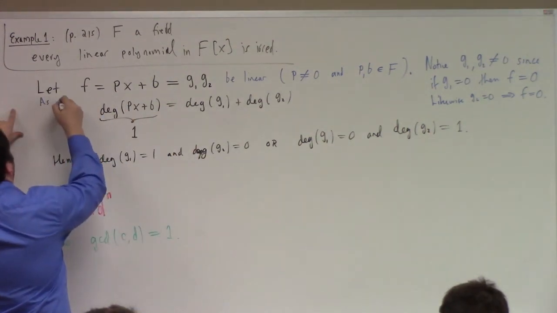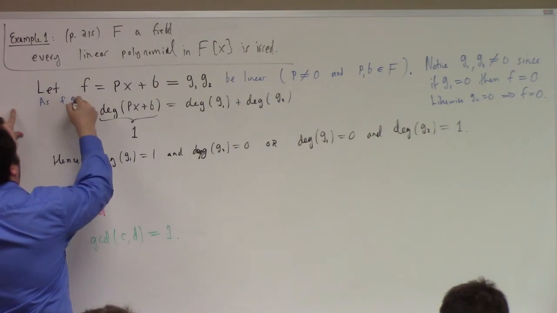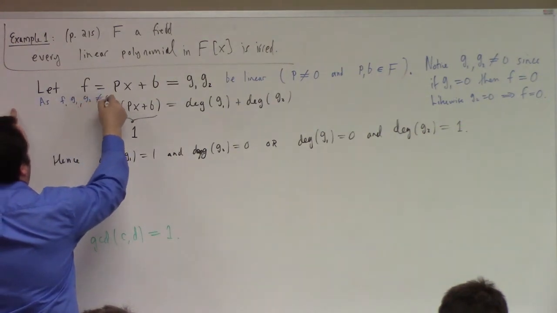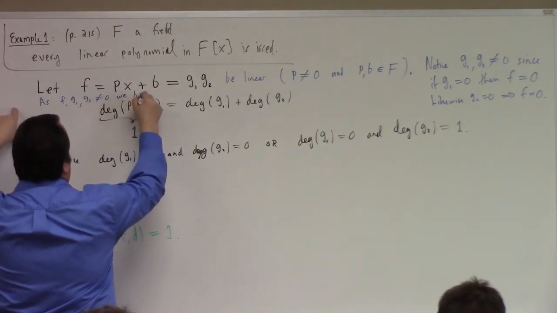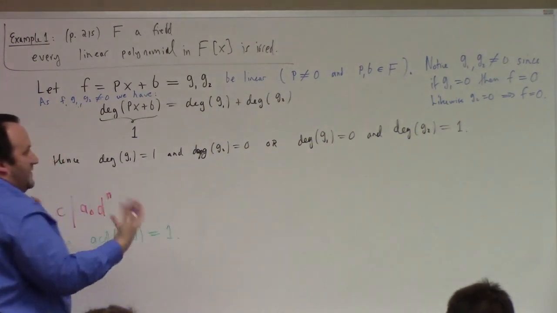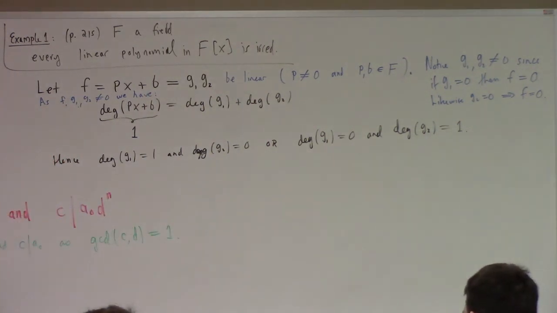As f, g1 and g2 are not equal to 0, we have... See, if the polynomial is 0, we don't have a defined degree, is my point. So if I'm going to use the degree formula, I do need to know it's non-zero, to be picky.